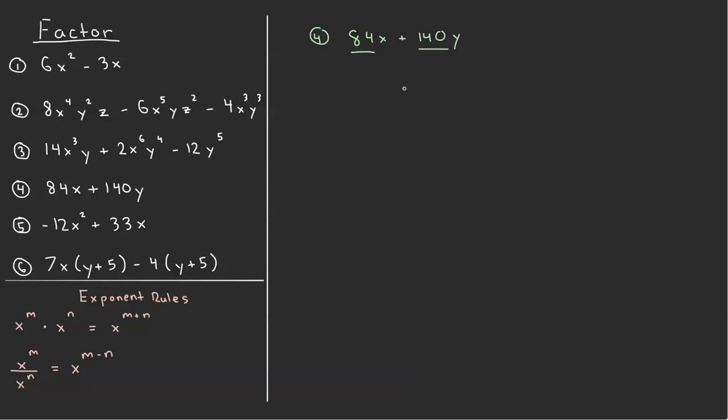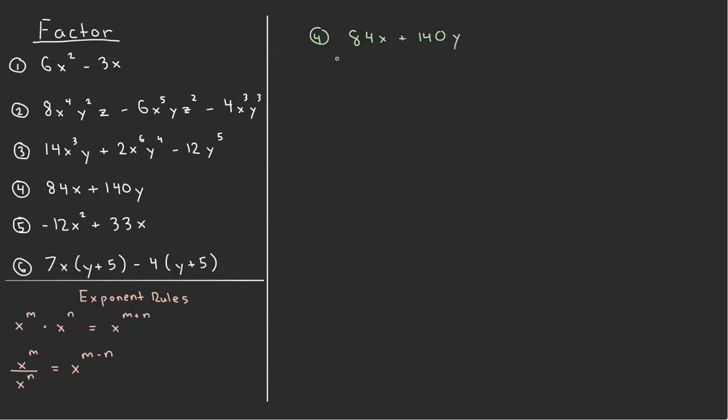By inspection, just by looking at these numbers, it may be a little bit hard to do. For example, 2 goes into 84, and it also goes into 140. But what if we go higher than that? Well, you may see 4 goes into 84, and it goes into 140, right? But going any higher than that, it may be a little bit difficult to see.